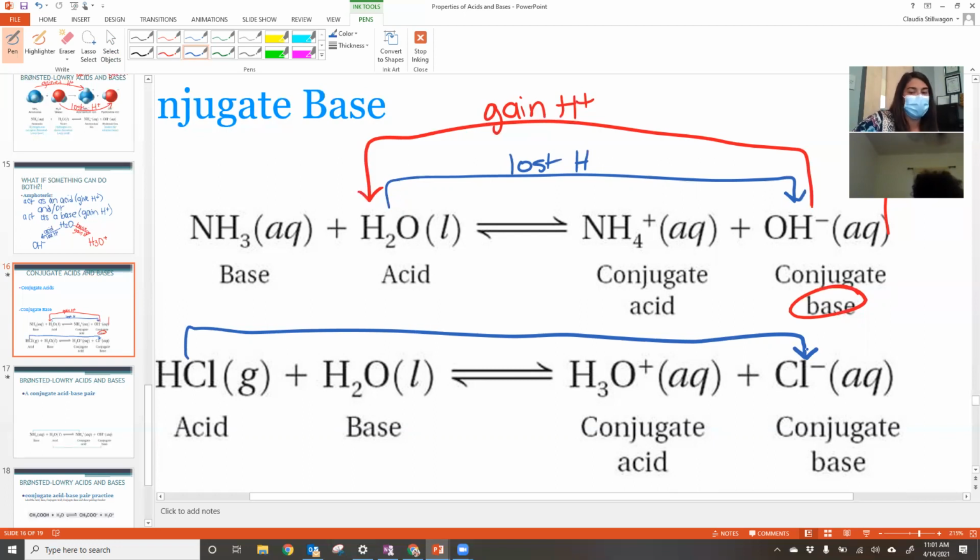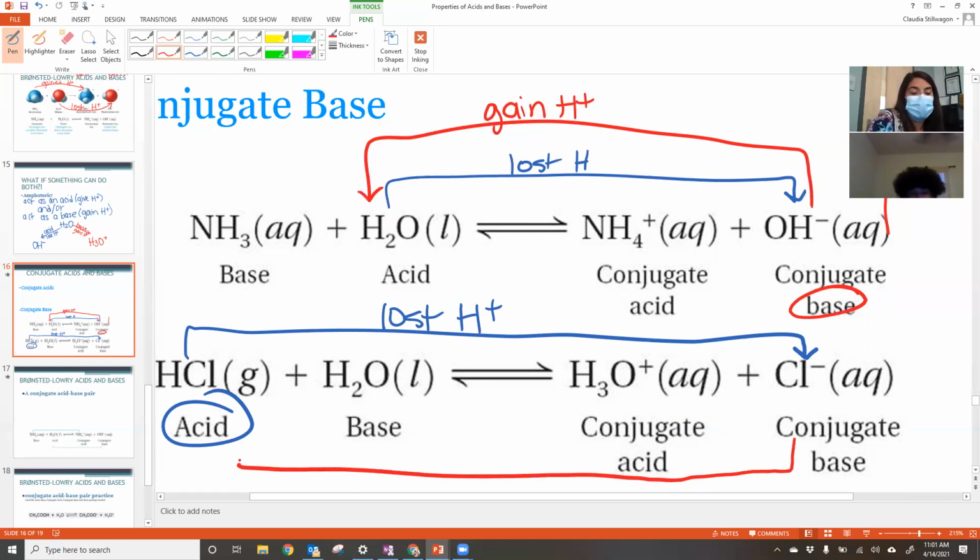Did it lose or gain a hydrogen? That's the definition of an acid. When you look right to left, Cl becomes HCl. Did it lose or gain a hydrogen? Gained. That is the definition of a base. Okay.